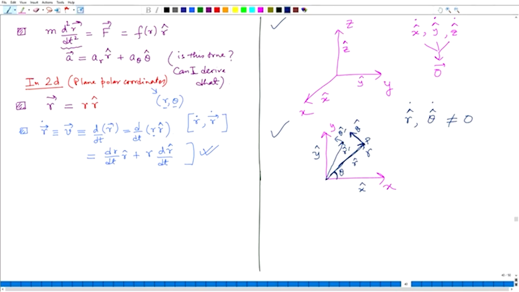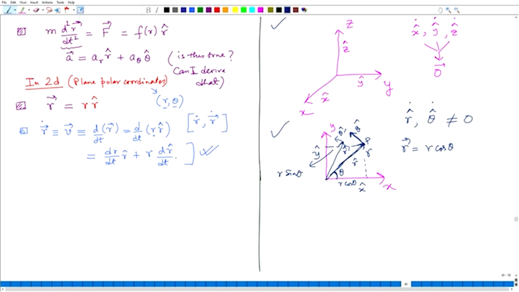Now, what will they be? For that, there is a very easy way. I know that in general the r vector in plane polar coordinates is, from this figure, x equal to r cos theta and y equal to r sin theta.